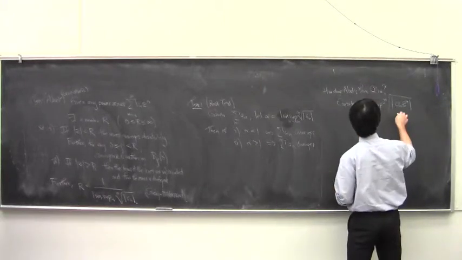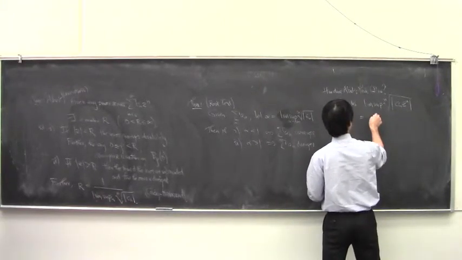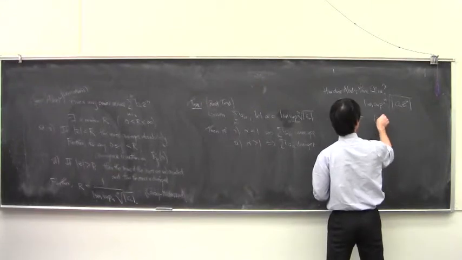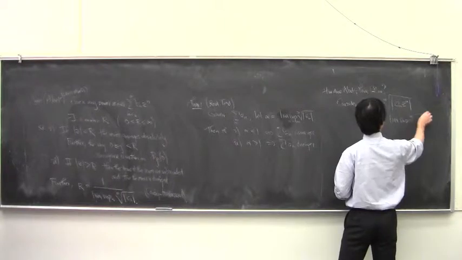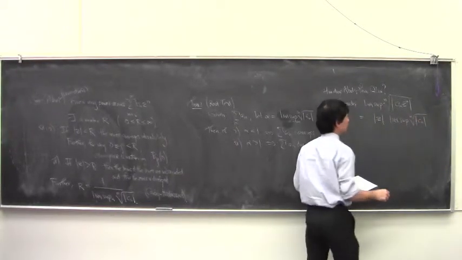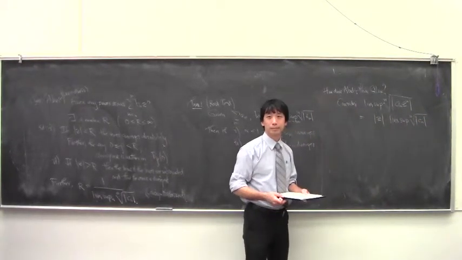What do you get? You get |z| lim sup of the nth root of |cn|.